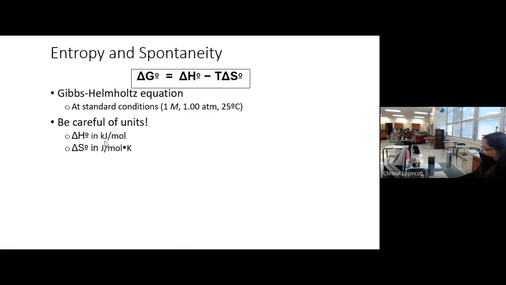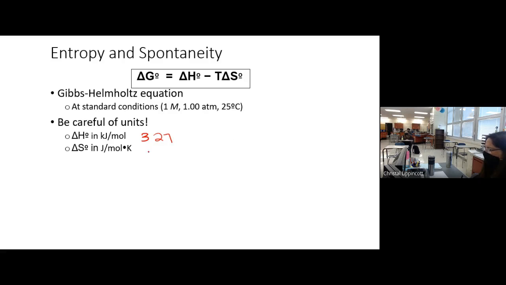Now, you have to be careful with these units. Like I said in yesterday's discussion, I showed you the Appendix C that I gave you a copy of a while back when we were doing the delta H changes. Your delta H is in kilojoules per mole. Your delta S is in joules per mole. So you will often get figures like 327 or something.